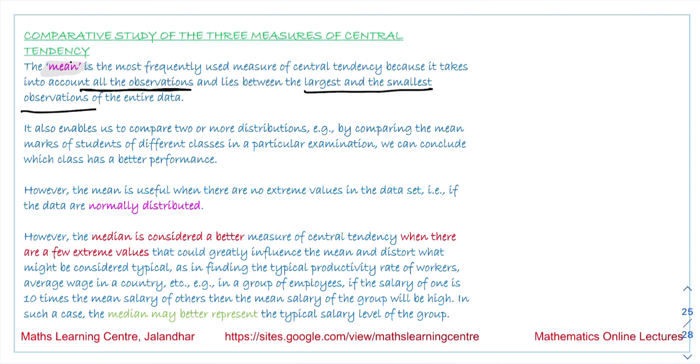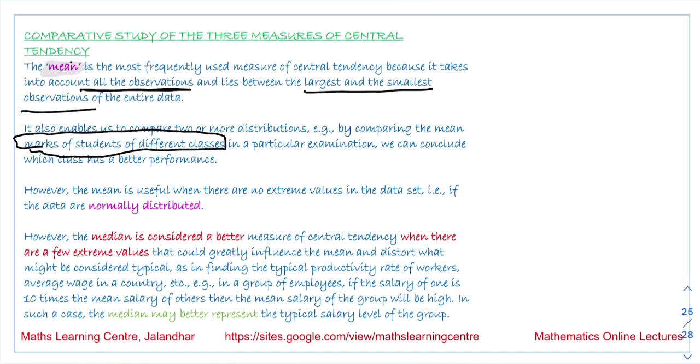So it enables us to compare two distributions. If we have to compare the marks of students of different classes in a particular examination, we compute their mean marks to make the comparison.